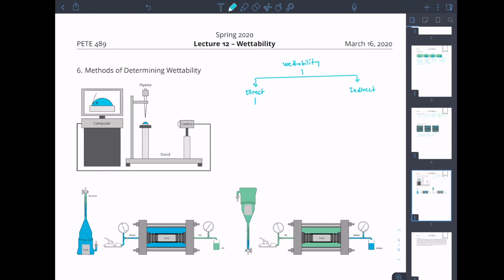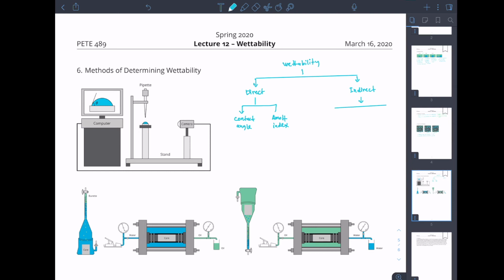For the direct methods, there are two methods that we can use, and they are contact angle measurement and the Amott index.